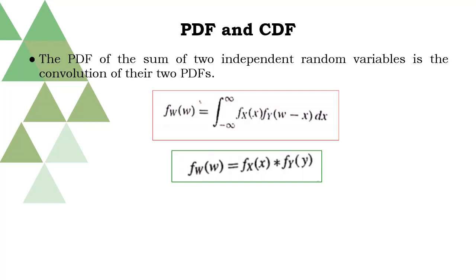So this equation is in the form of a convolution integral. You can write the equation in another format, that is f_W(w) is equal to the convolution of f_X(x) and f_Y(y).